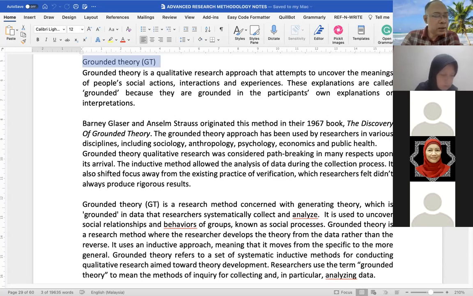And the second thing that you need to do is prepare the PowerPoint presentation. You'll be given about 15 minutes. So the PowerPoint should not be more than 10 pages, I think.